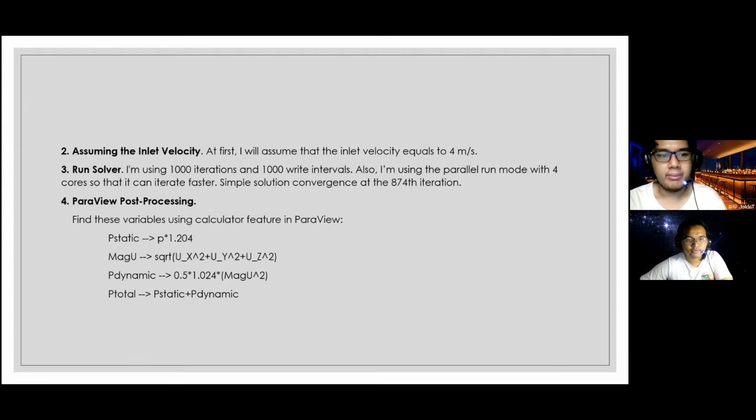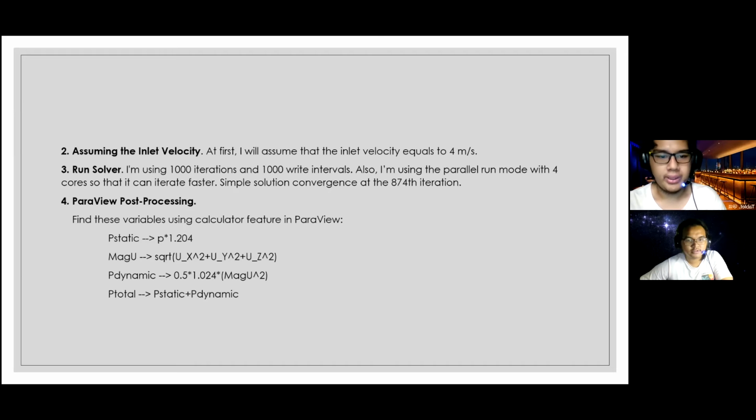I'm using 1000 iterations and 1000 write intervals. Also, I'm using the parallel run mode with 4 cores so that it can iterate faster. The SIMPLE solution converged at the 874th iteration.